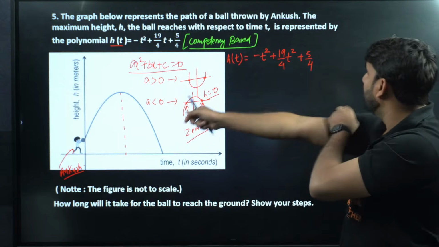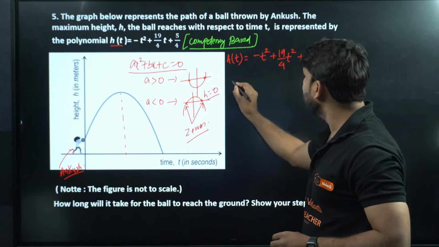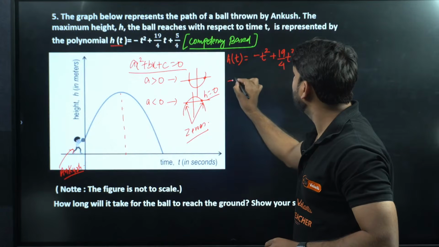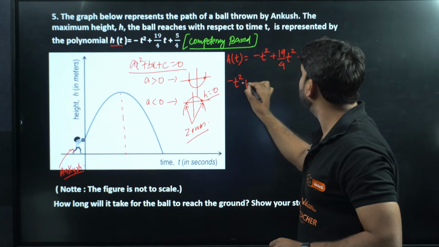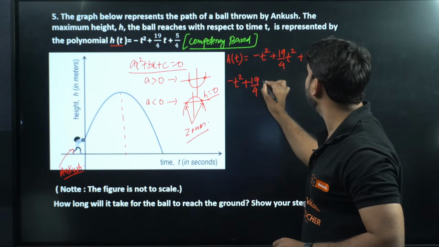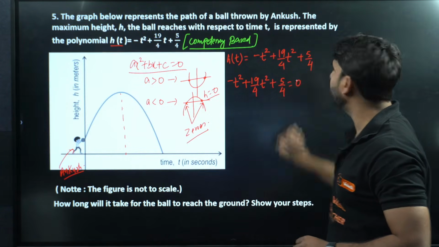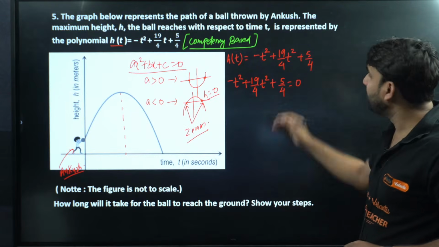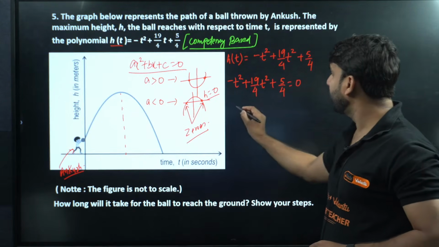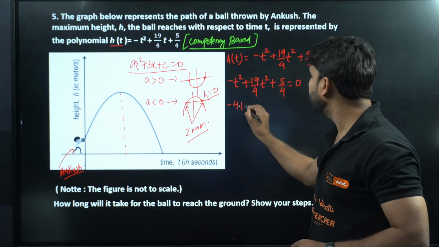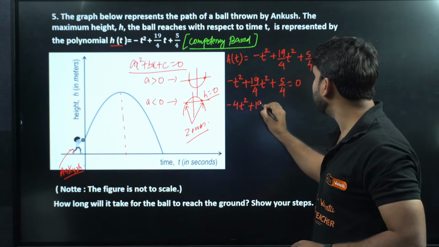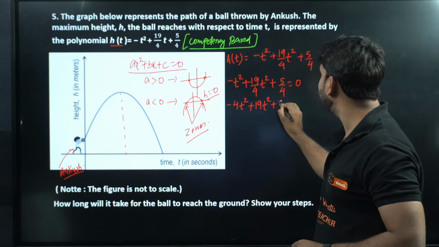So please, let's solve this. Minus t square plus 19 by 4 t plus 5 by 4 will become equal to 0. Now take LCM 4, so 4 will be multiplied here: minus 4t square plus 19t plus 5 will be equal to 0.